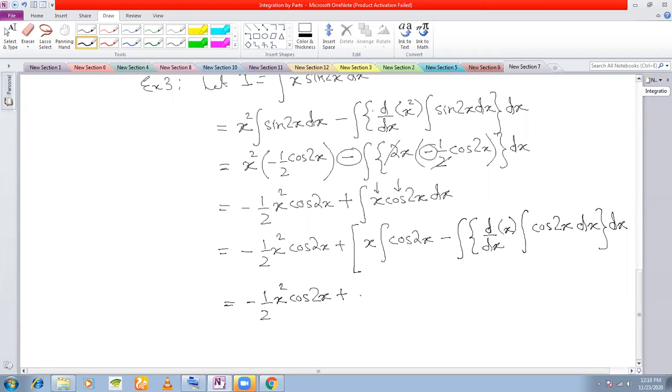What is the integration of cos 2x? It is half sine 2x. This will become x by 2 sine 2x minus integral of d/dx of x, which is 1, and integral cos 2x is how much?